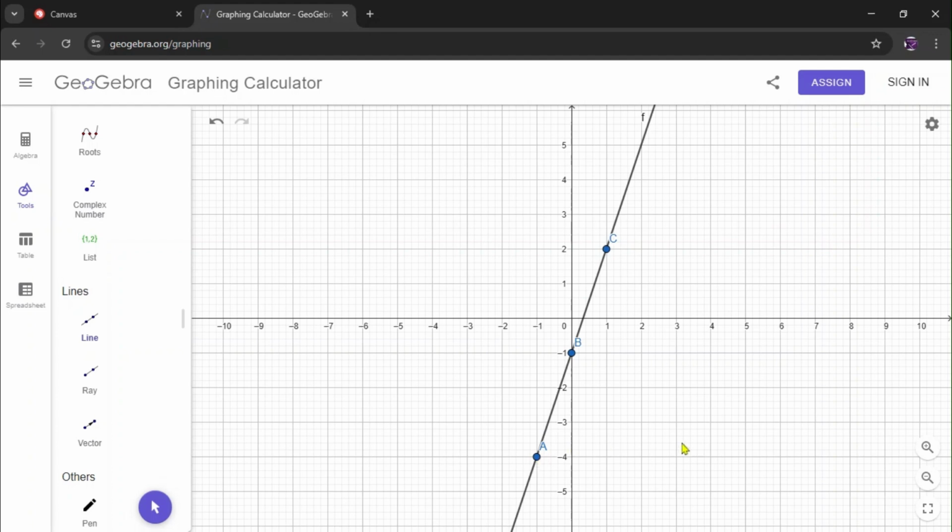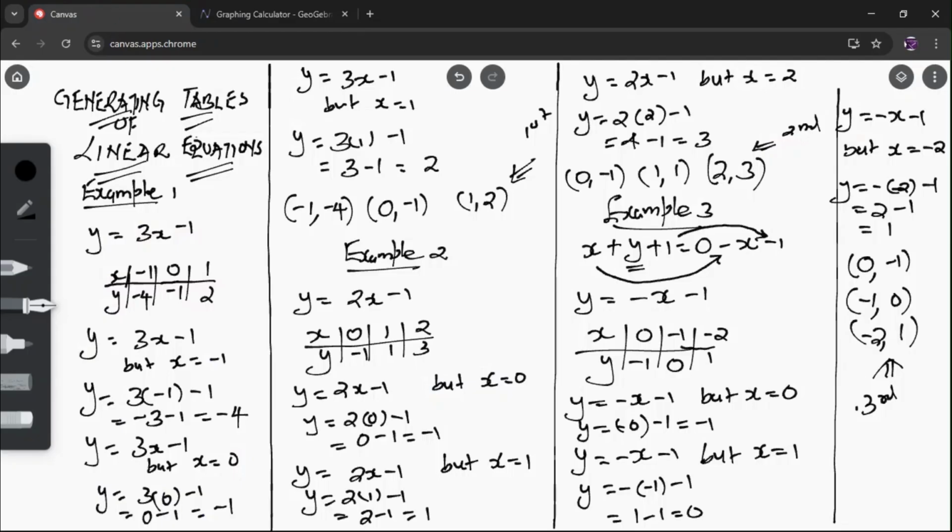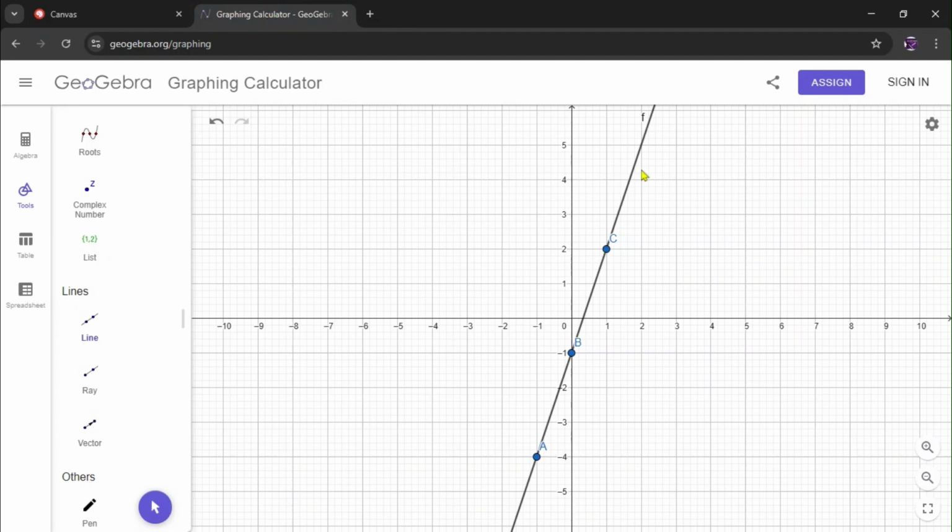So that becomes my first line. This is the line that I have drawn for the first coordinates. So if I am asked to draw this line here, this line will be something that looks like this. It is a straight line.